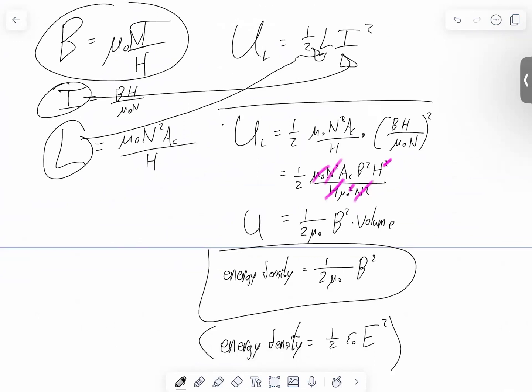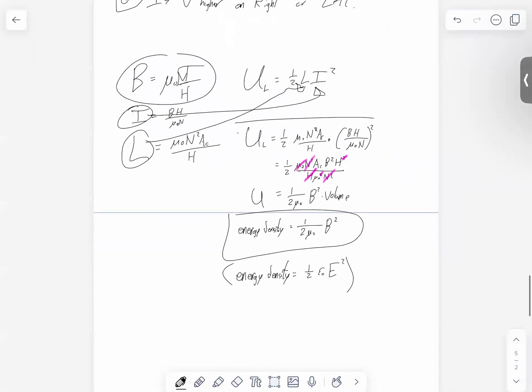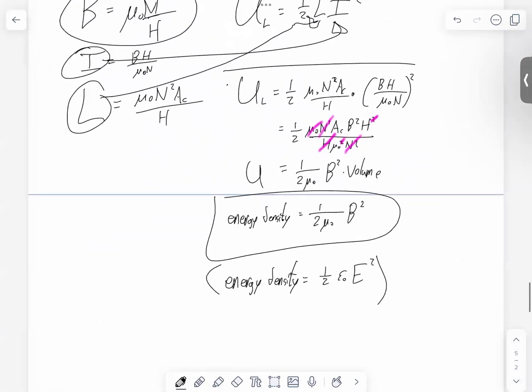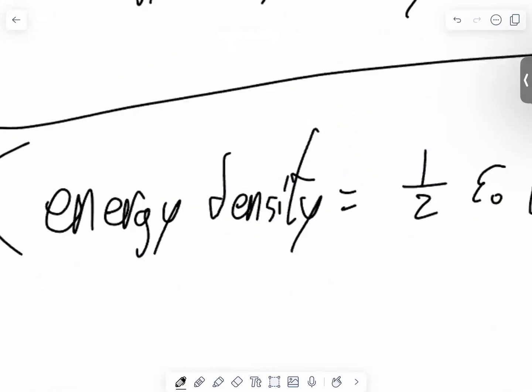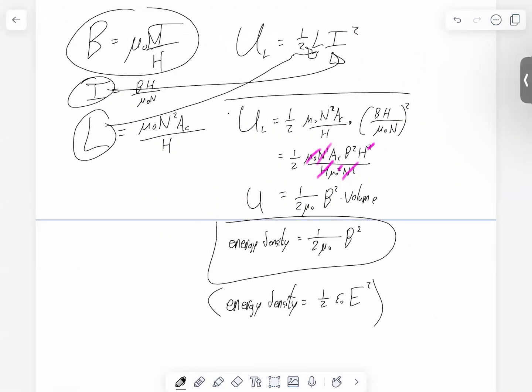Yeah, energy density, energy per volume. Look, I got energy equals something times volume, divide both sides. Half epsilon naught E squared is what we did once upon a time for capacitors.